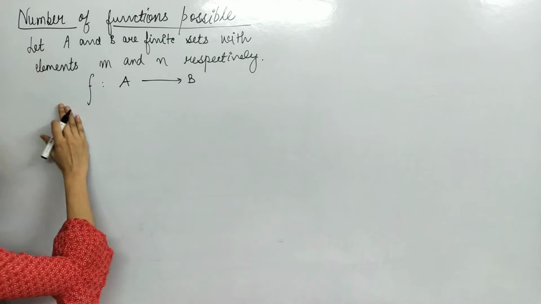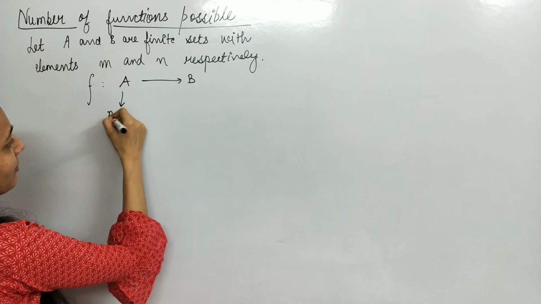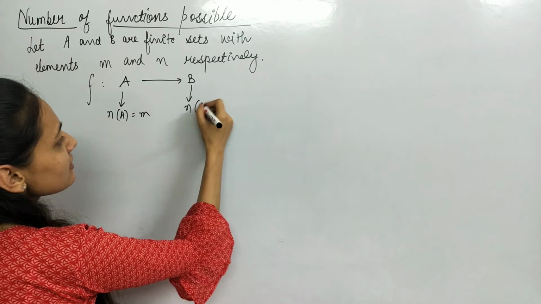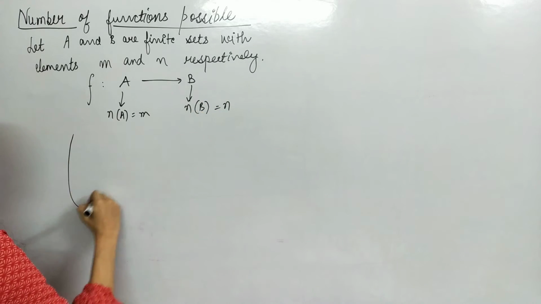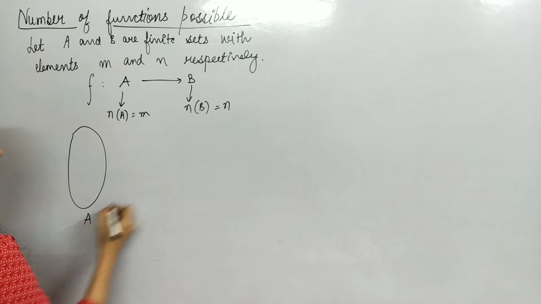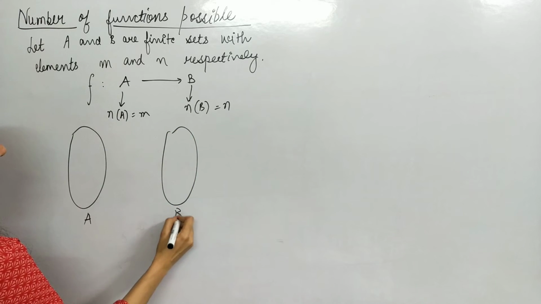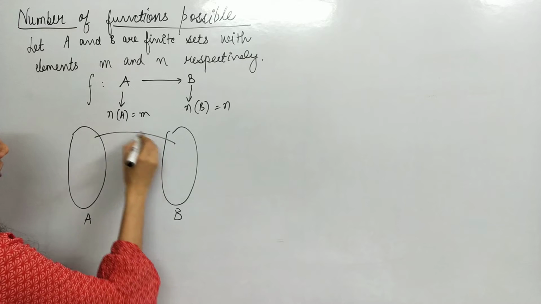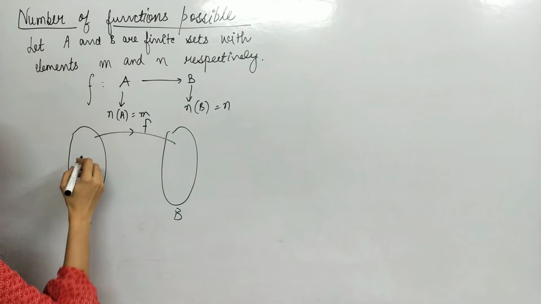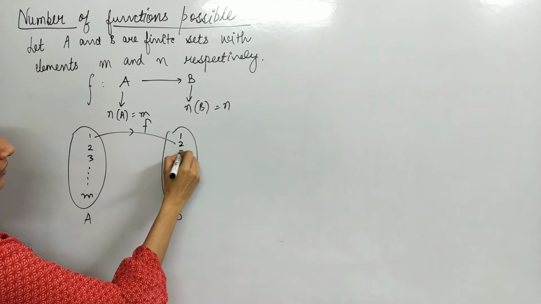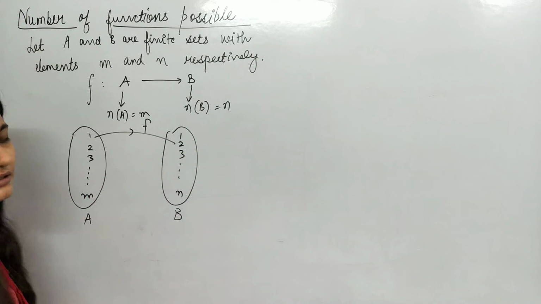So from set A to B, the number of elements in A is M and the number of elements in B is N. That means if this is set A and this is set B, a function can be defined from set A to B. Here are M elements and here are N elements.